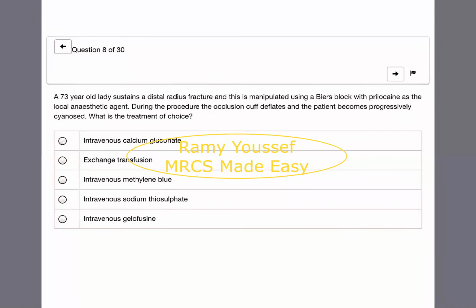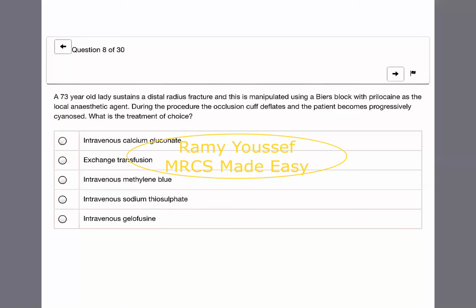Dr. Ali? Yes, a 73-year-old lady sustained a distal radial fracture, and this is manipulated using a Bier's block with prilocaine as the local anesthetic agent. During the procedure, the occlusion cuff deflates and the patient becomes progressively cyanosed. What is the treatment of choice?